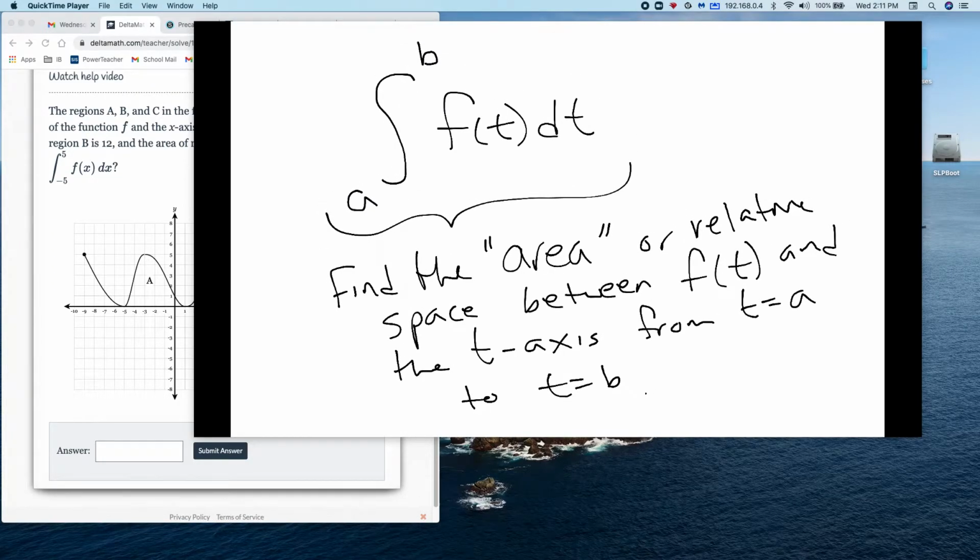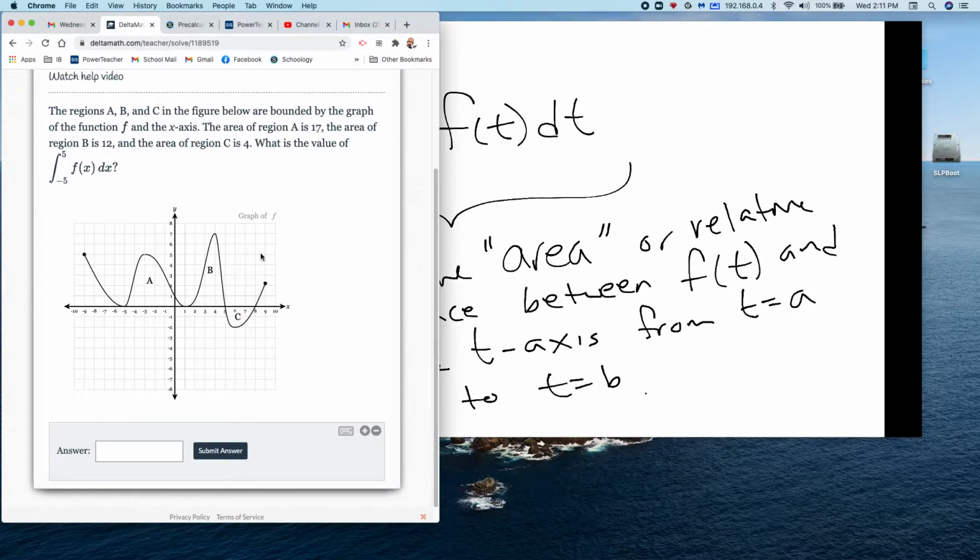We're finding the area, and it's really just a relative space from f of t to the t-axis from t equals a to t equals b. Let me show you an example of what that might look like.